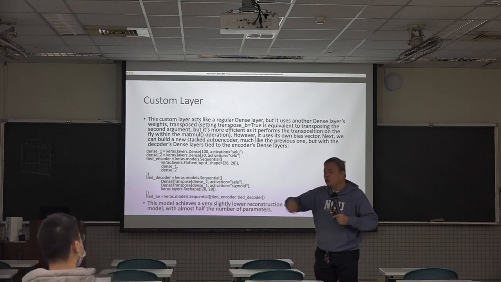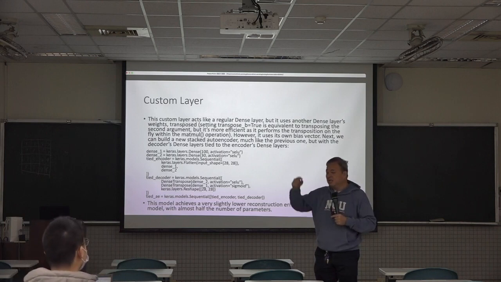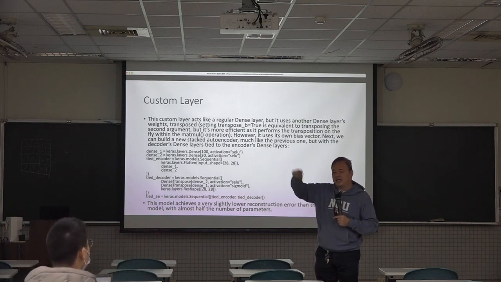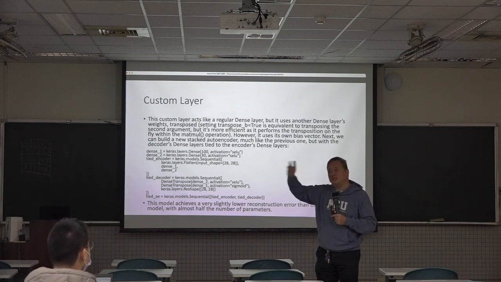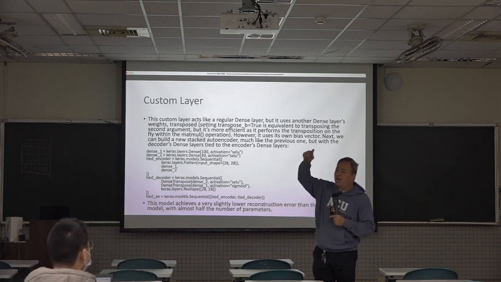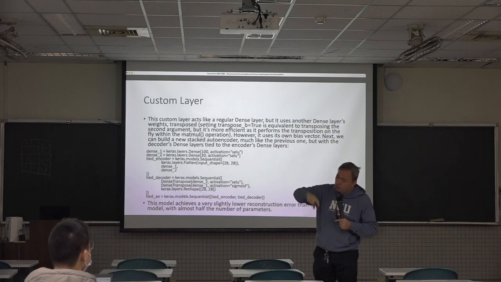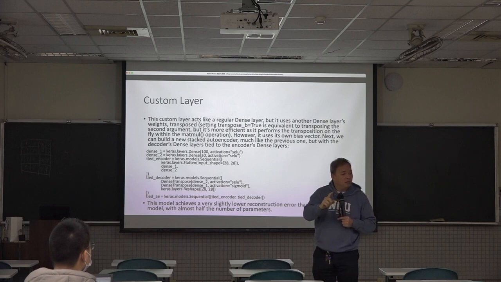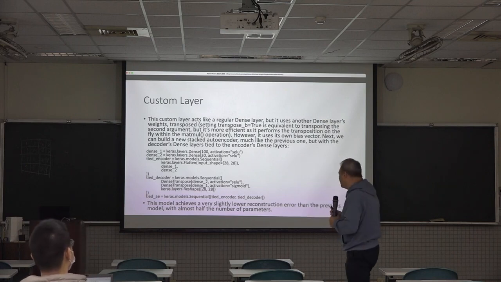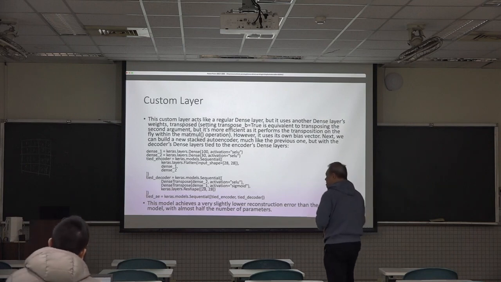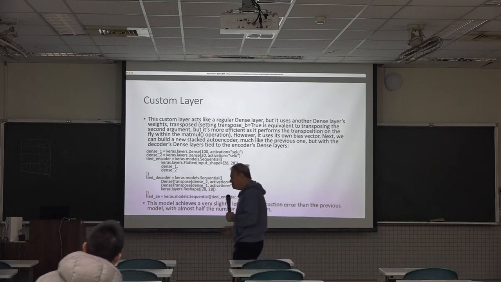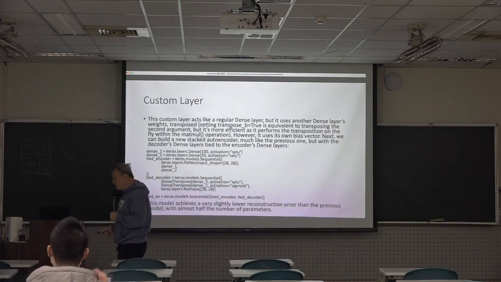When you train it, because the weights are tied, even though it still has this many parameters, half of them are tied. In other words, each pair can be considered as one. So this model becomes much easier to train because the number of parameters is reduced.